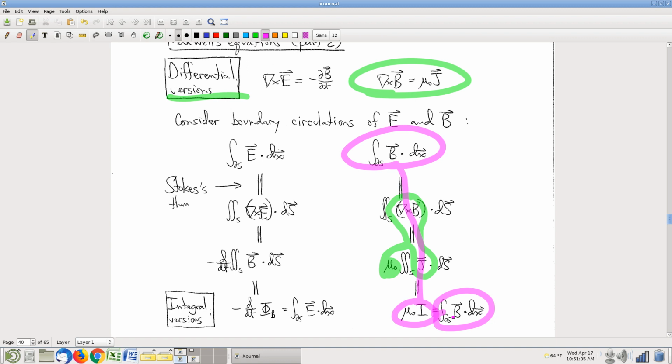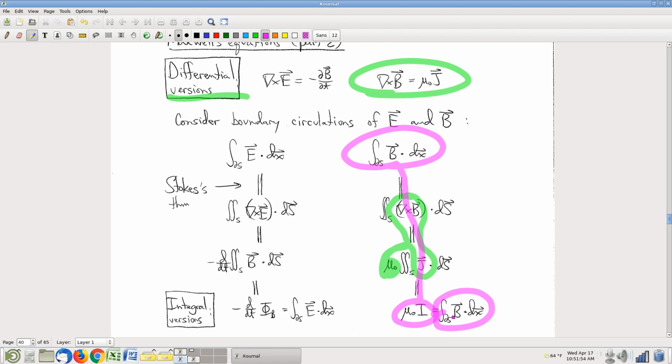I call these two different versions of the same equation because they're really talking about very similar things, and they're so easy to connect to each other. Very strong analogy with how we did this when we were looking at the first two of Maxwell's equations. A little bit different story, but morally equivalent.